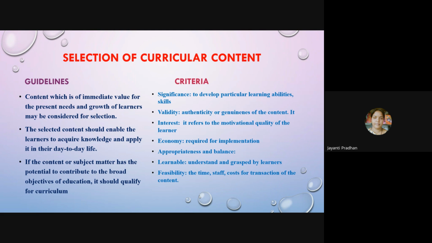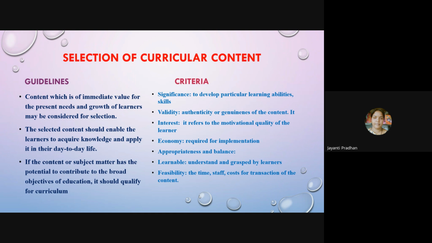Guidelines means content which is of immediate value for the present need and growth of learners may be considered for selection. We must select the content that is needed for the present context. And the selected contents should enable the learner to acquire knowledge and apply it in their day-to-day life.